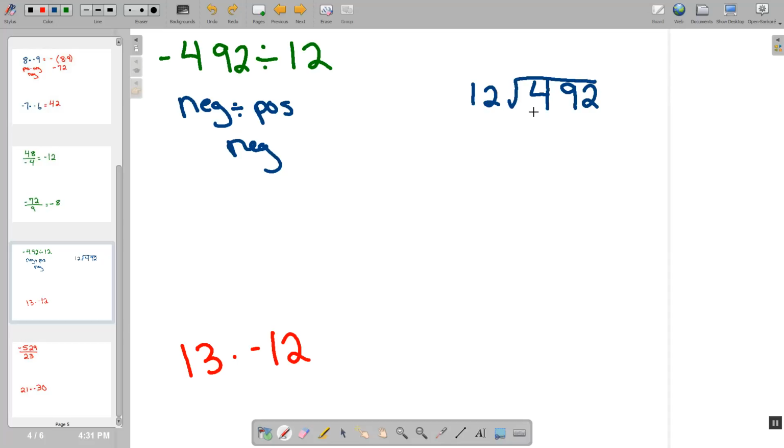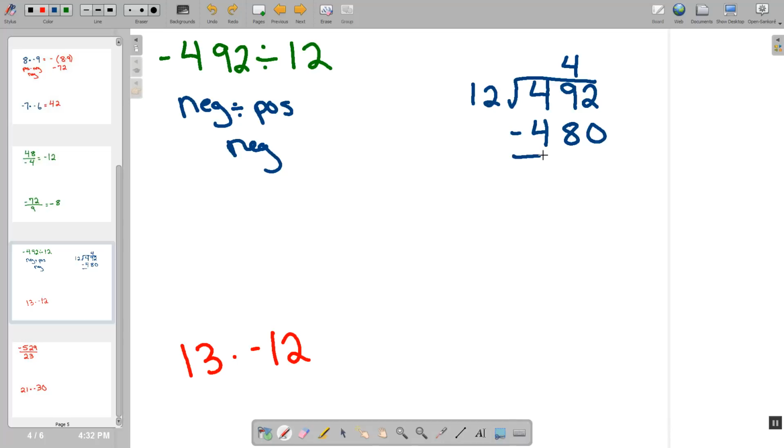We know that we are looking at the 49 tens first, and the question is what number times 12 is going to be as close to our target as possible. Well, I know that 12 times 4 is going to give us 48. So in this problem, that would give us 480 if we did 12 times 40.